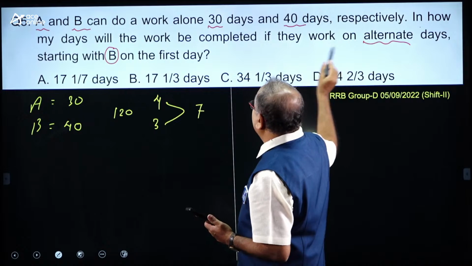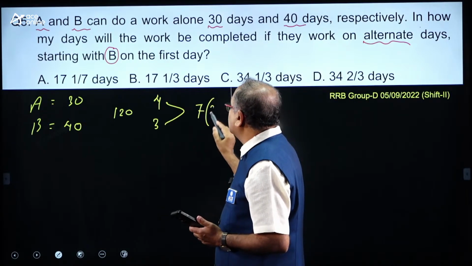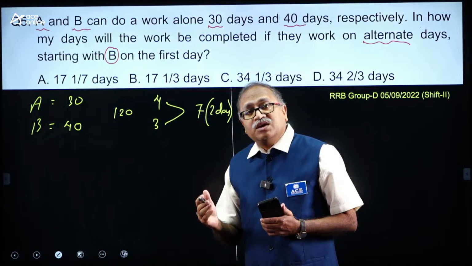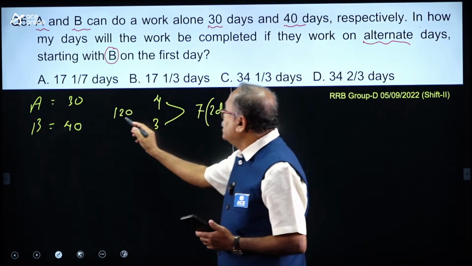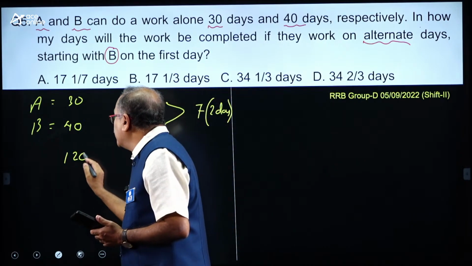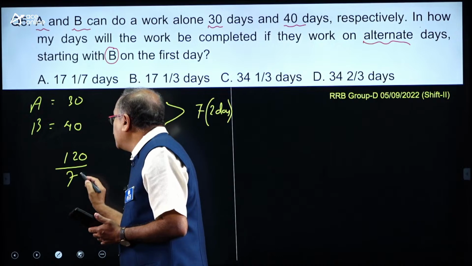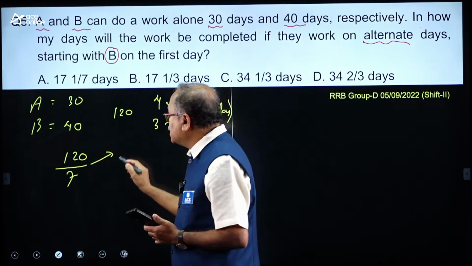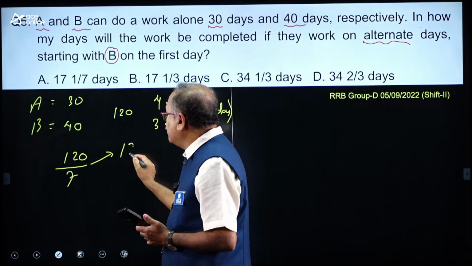And this 7 units is for how many days? They are working on alternate days. So, this is 7 units every 2 days. Then they will divide this 120 by 7. So, I am getting 17.